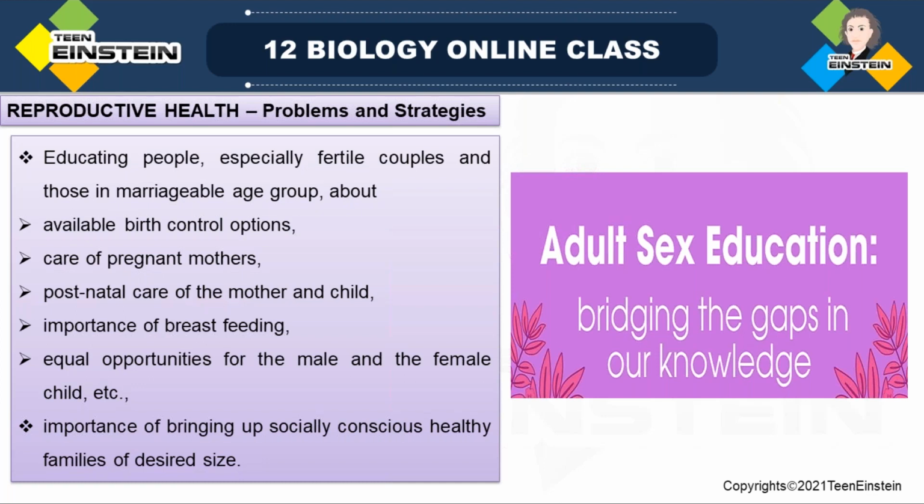If they are getting pregnant, how to take care of those, and after birth of the baby, how to take care of that baby and the mother, then importance of breastfeeding, then equal opportunities for the male and female child. So all these things we should give education.